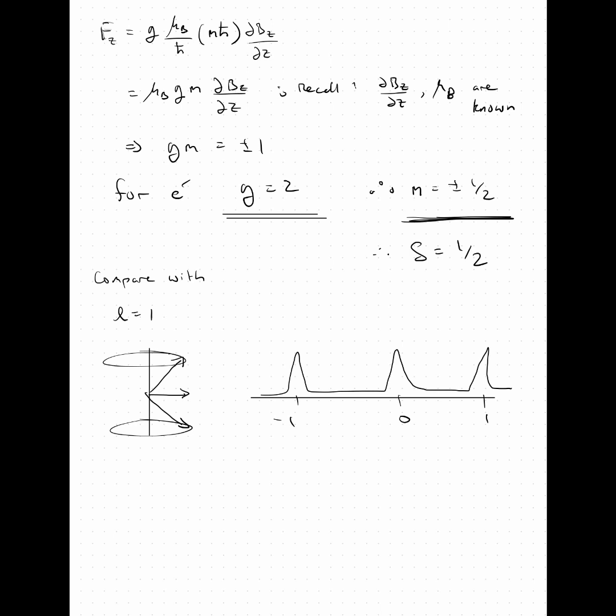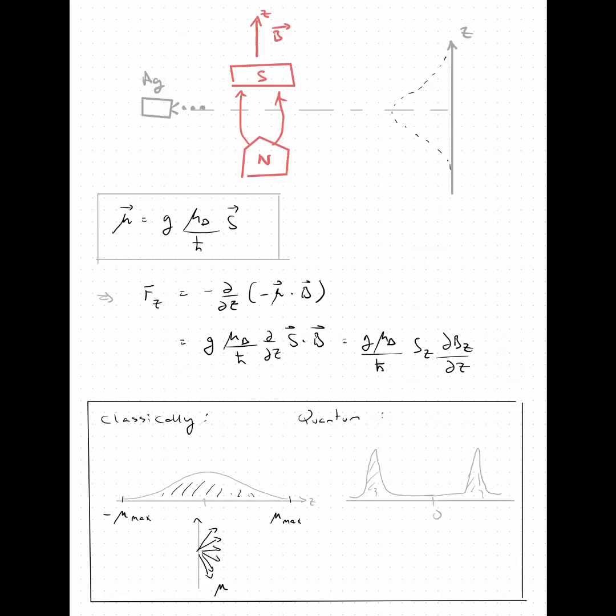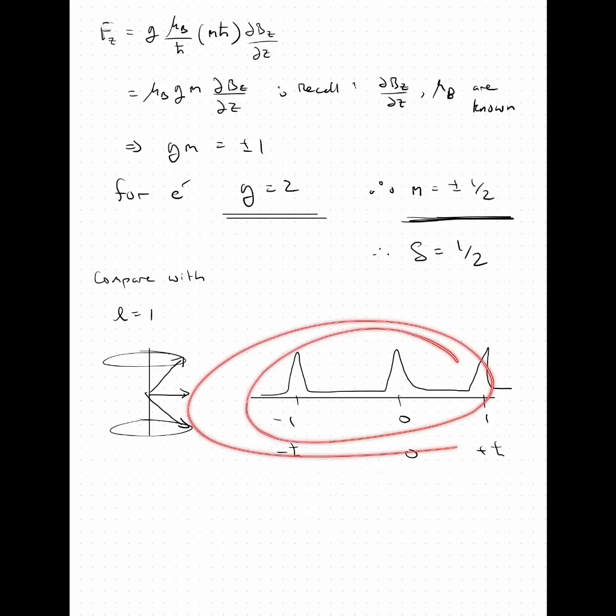Well, this corresponds to eigenvalues 0, M equals 1 times h bar, and M equals -1 times h bar. Okay, so that's the analogy with what we've done before in the previous class, and what we're saying is happening now for spins. Notice there are 2 bumps here as opposed to 3 bumps there.